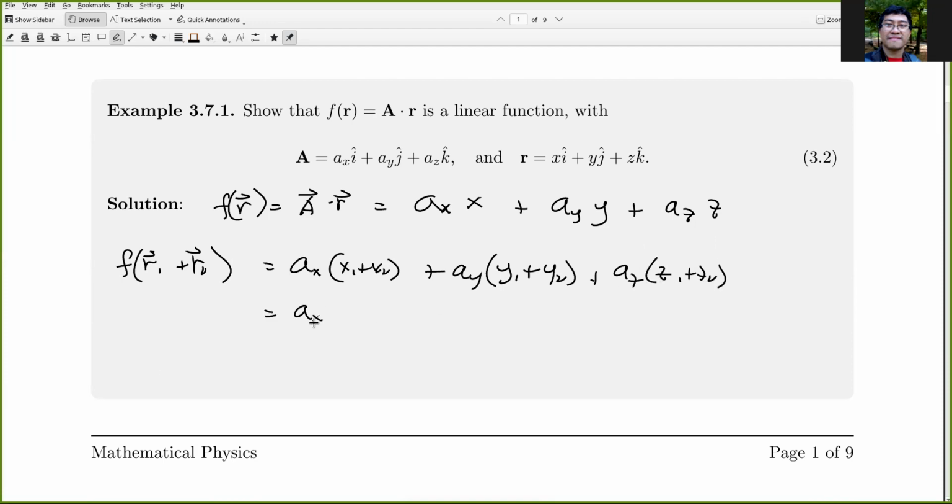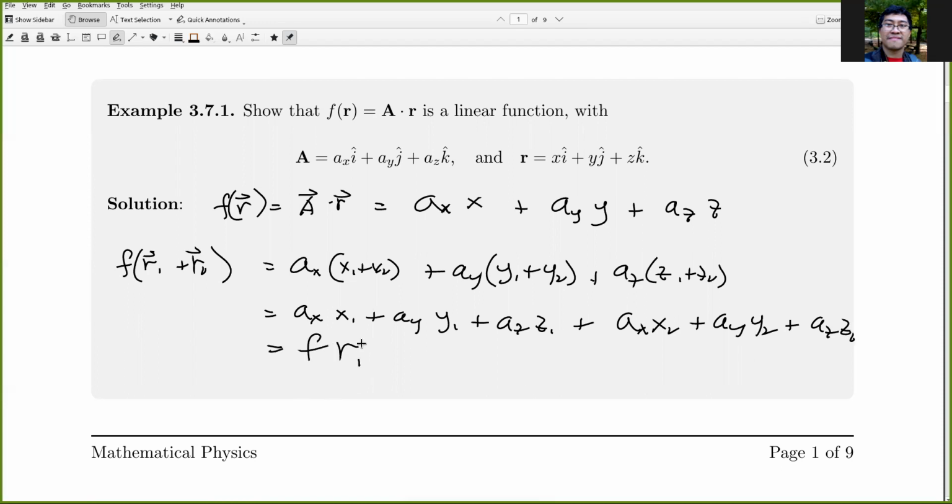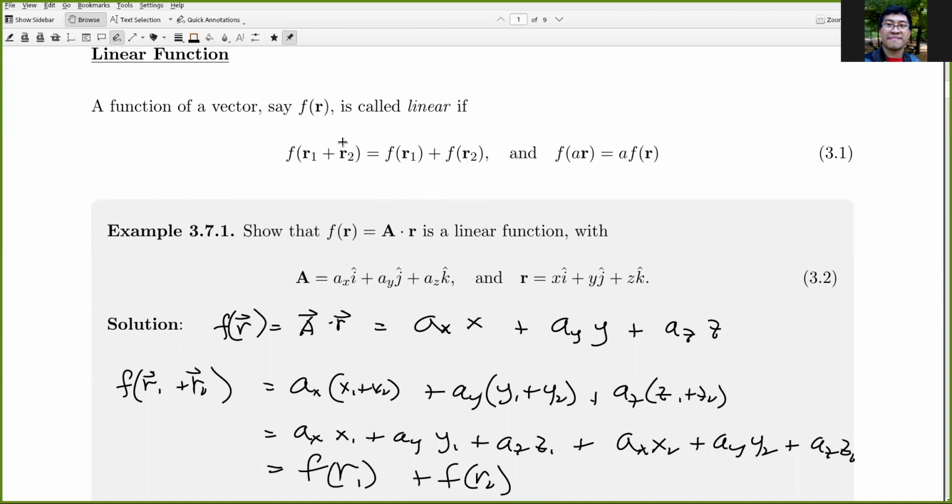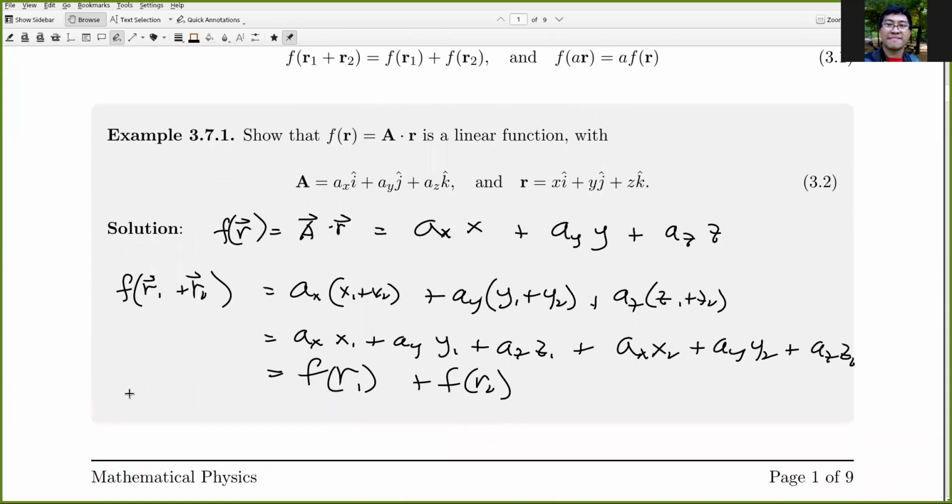And this is simply Ax x1 plus Ay y1 plus Az z1 plus Ax x2 plus Ay y2 plus Az z2, or simply f of r1 plus f of r2.